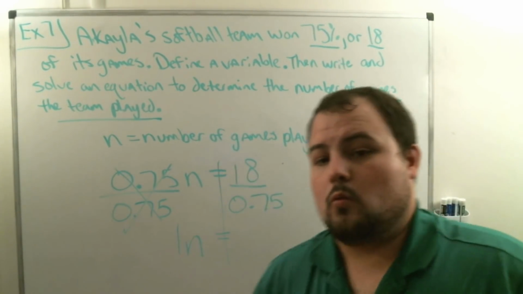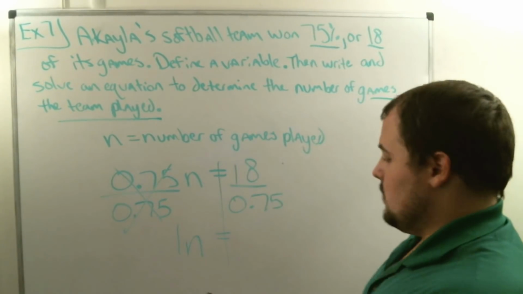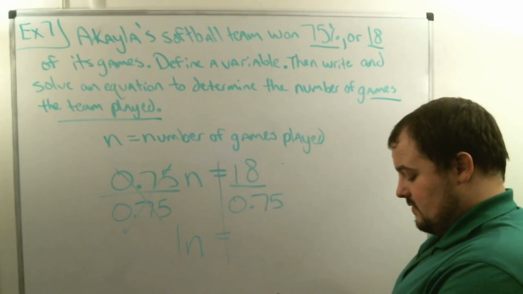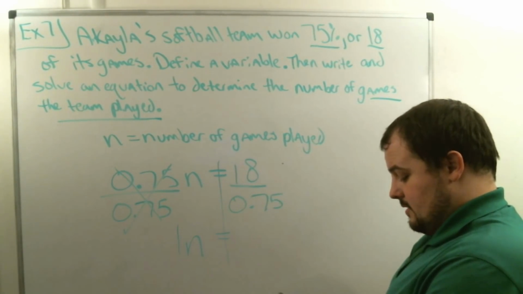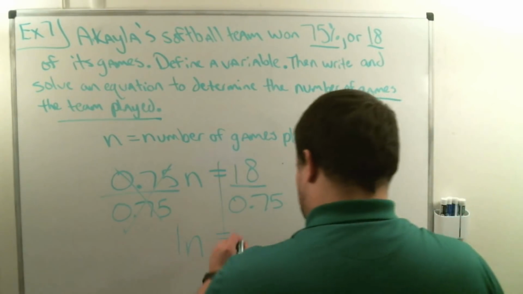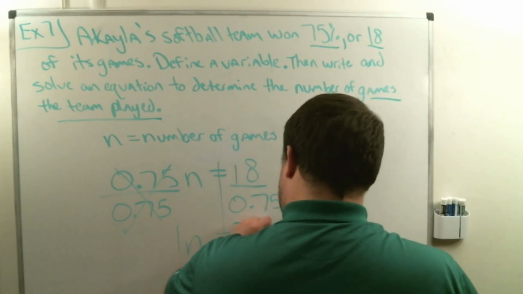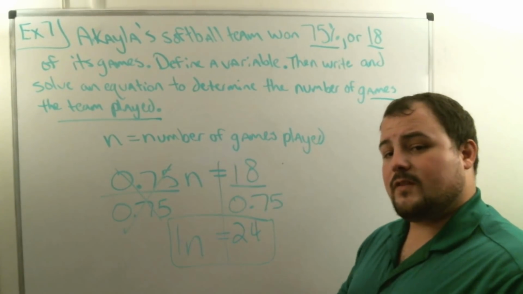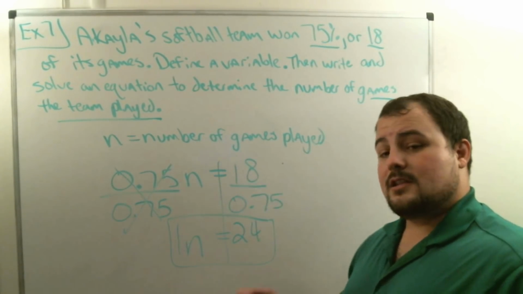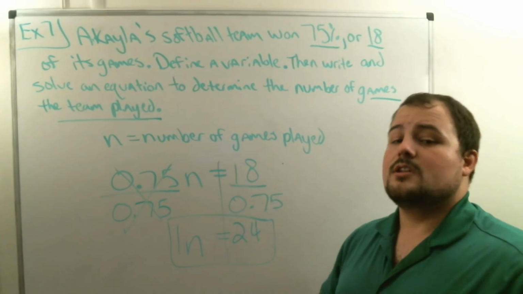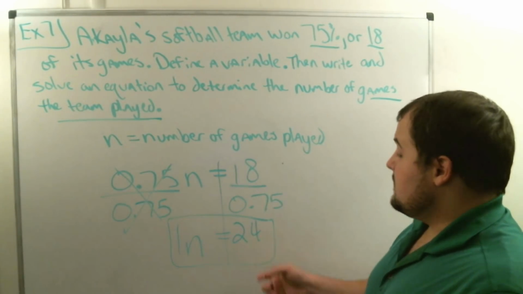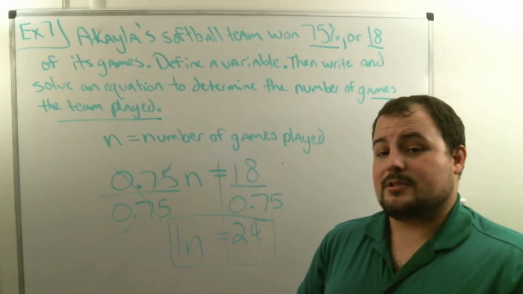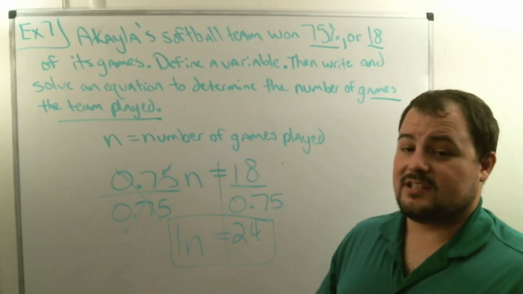So the variable n is equal to 18 divided by 0.75, which is 24. So if a team won 75% of their games, and 75% of their games is 18, then they played 24 games. If you win 18 out of 24, that's 75%.